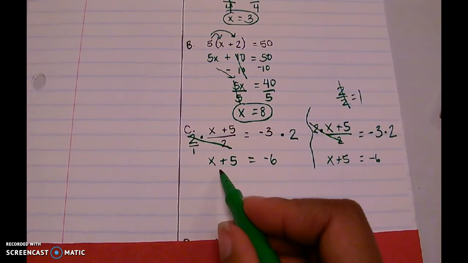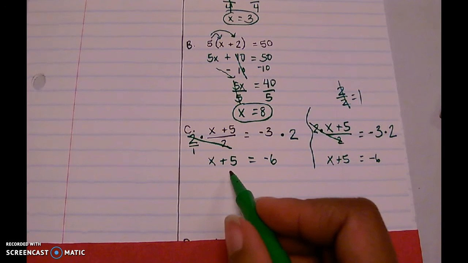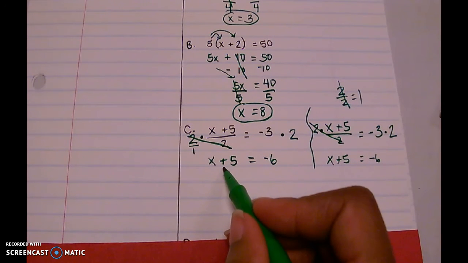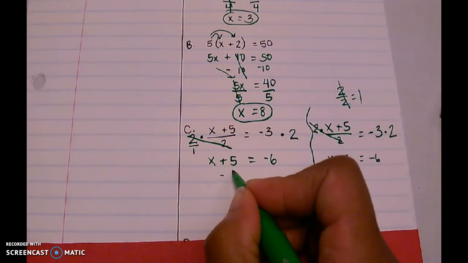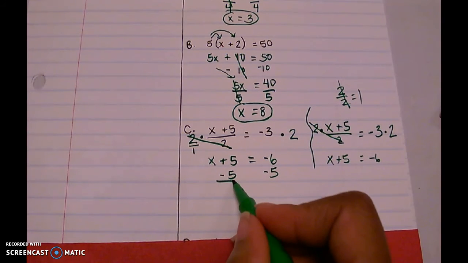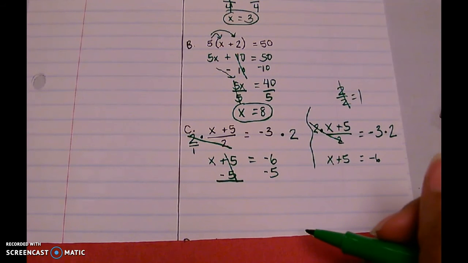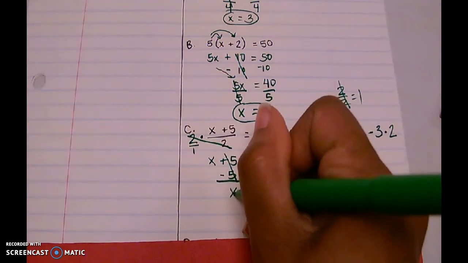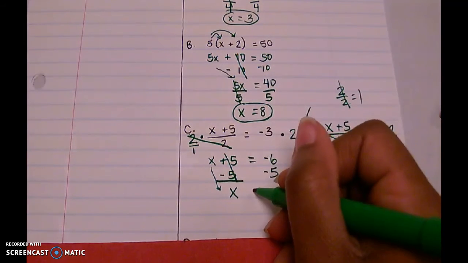The last thing I have to do is get rid of this 5. So since this is plus 5, I have to subtract 5 from both sides. Okay? 5 minus 5 is going to be 0. That's going to cancel out, leaving me with an x on this side.